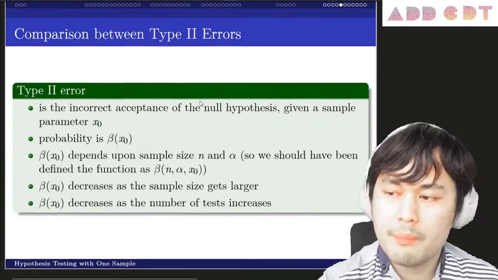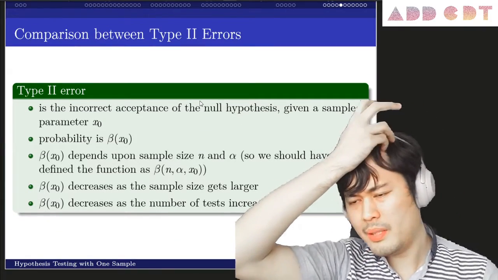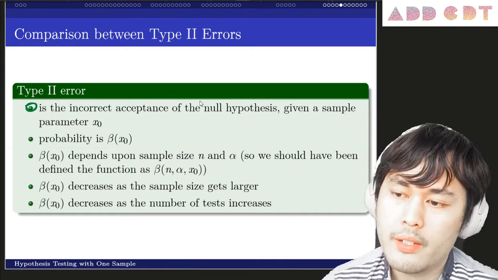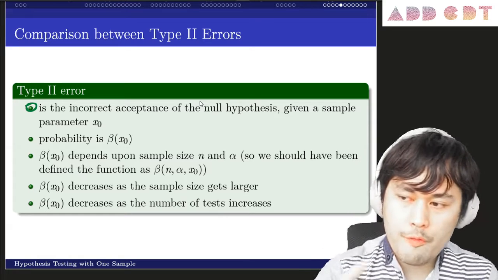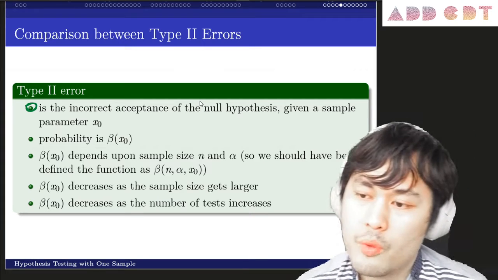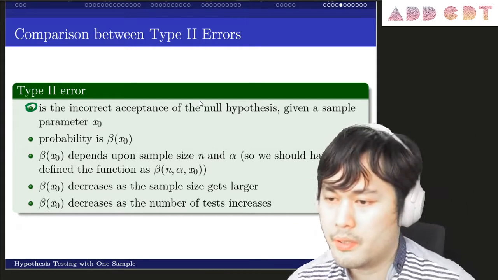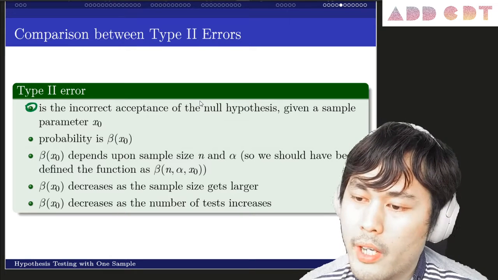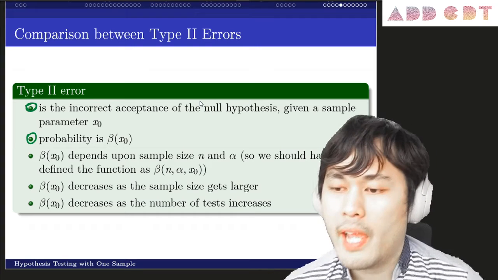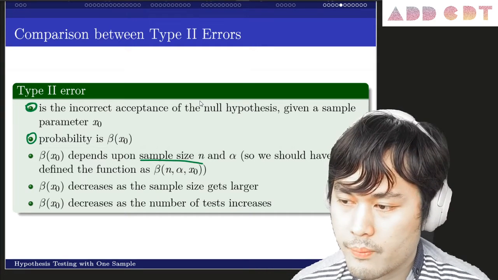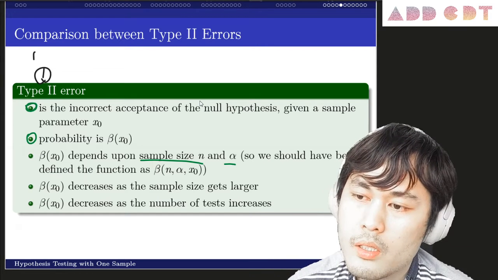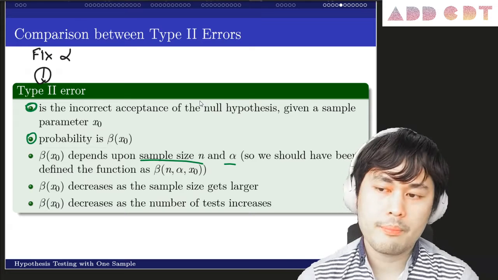For type 2 it is a lot more complicated. It is just a definition. It is when we accept the false hypothesis. That's where the beta is, the number we put there. The probability, the number itself, is beta of x0, and this beta depends on the sample size and alpha. In step 1, we choose alpha, we fix that, right?